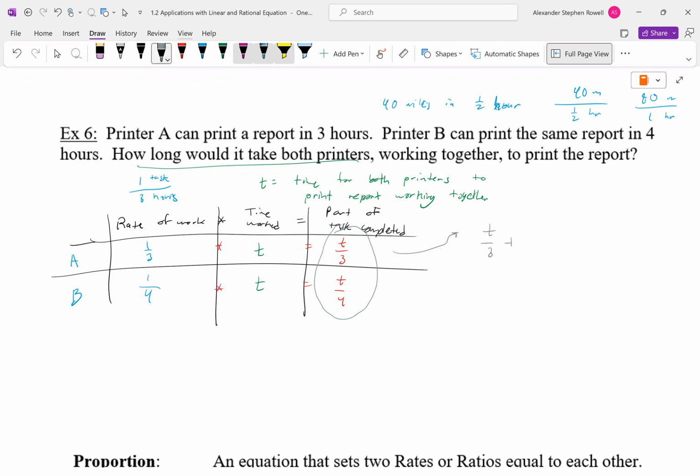All of it, 100%, which as a decimal is what? 100% as a decimal is 1, because it's 1 complete task. Okay. So from here, we just solve for T. Well, are there any questions about setting this up?